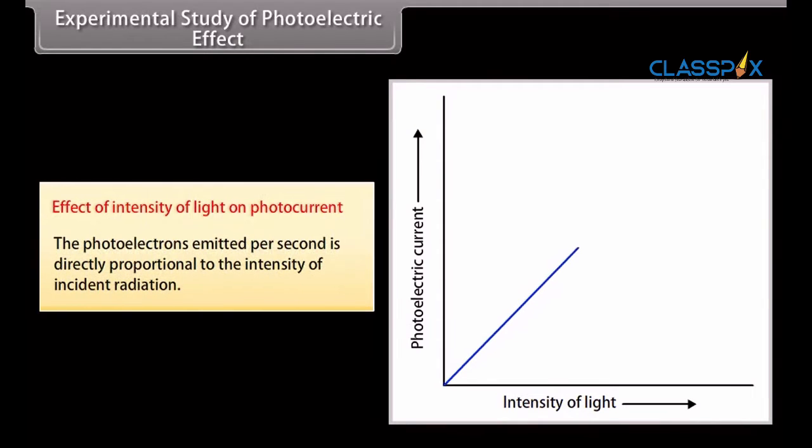The photoelectrons emitted per second are directly proportional to the intensity of incident radiation. Effect of potential on photoelectric current.